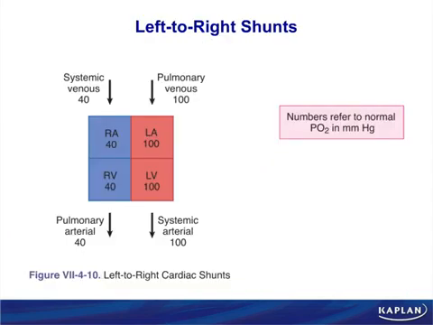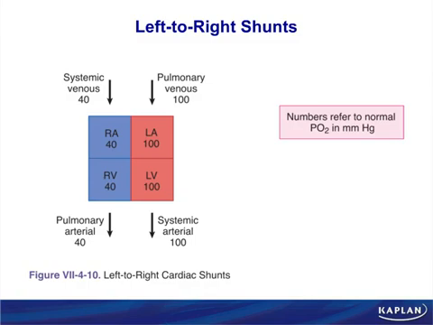Okay, to finish off respiration, let's talk about other kinds of shunts. Let's talk about left to right instead of right to left. Left to right shunts. Now, one of the things to remember is the oxygenation status. Pulmonary venous, left ventricle, left atrium, the left side of the heart has arterial blood, the right side has venous blood.